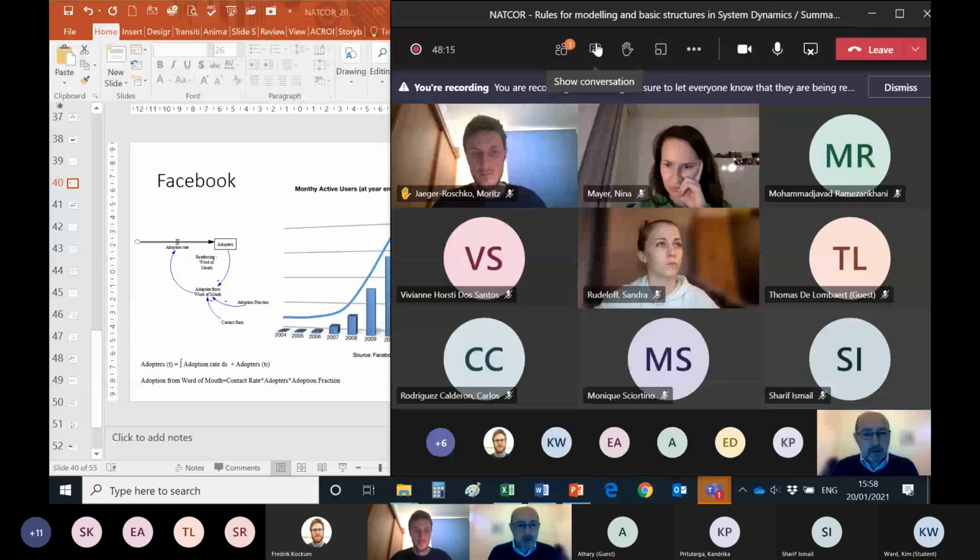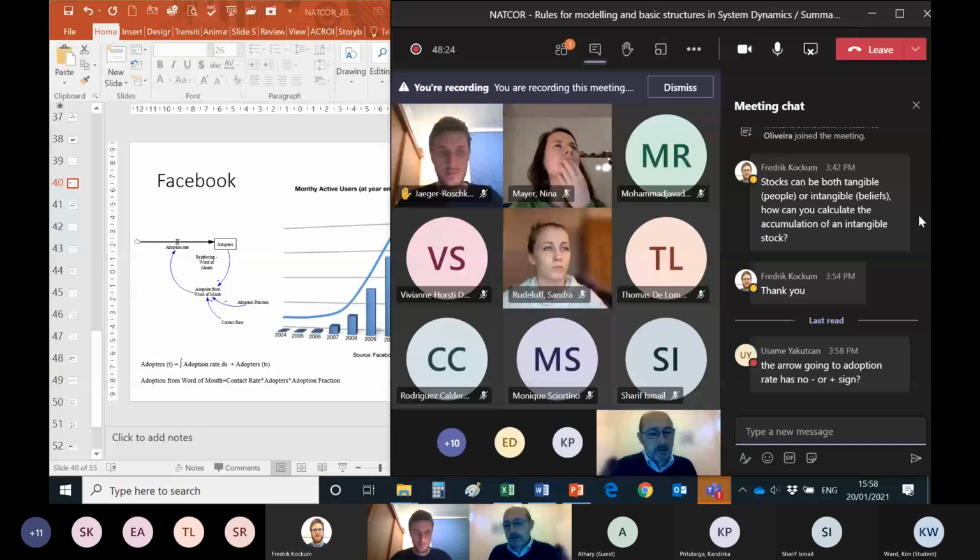Yes, Usame, you use the arrow going to adoption rate. What do you think about that arrow from adoption from word of mouth? Will it be positive or negative? Anybody wants to share the screen?